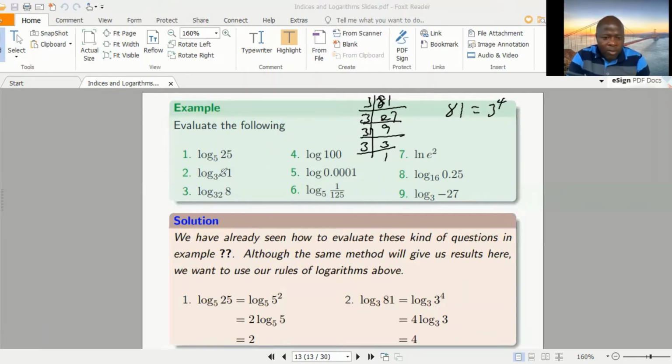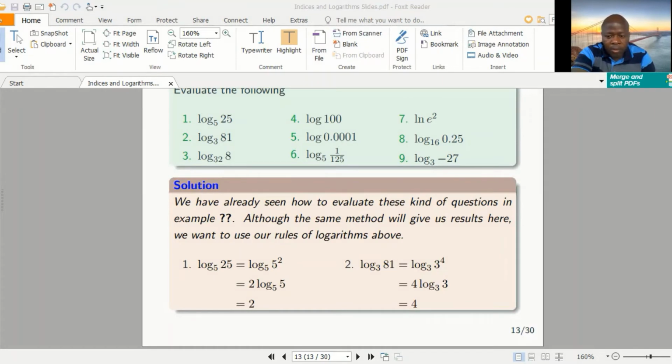But what I want is log of 81 to base 3, and 81 is 3 raised to 4. So this 4 can be written before the log, and I have log of 3 to base 3, which is 1. So 4 times 1, the answer is 4. And you can see how easy it is to do this kind of thing.